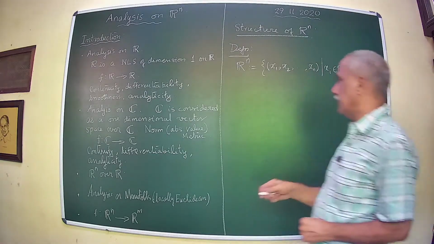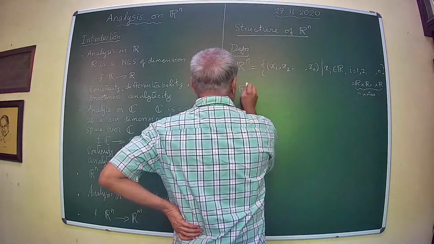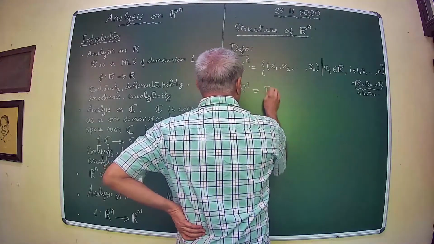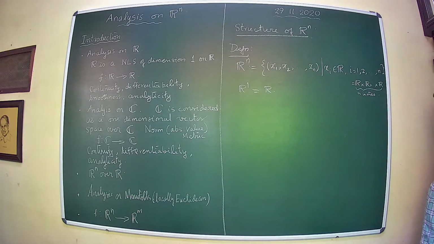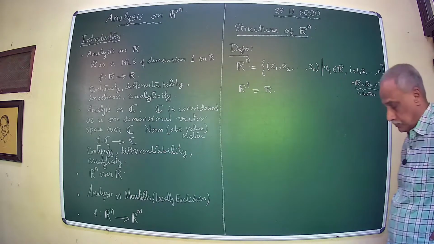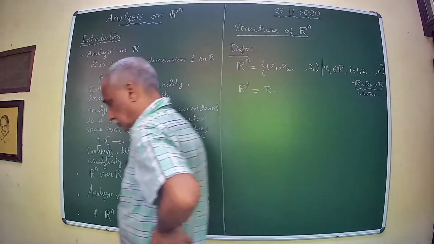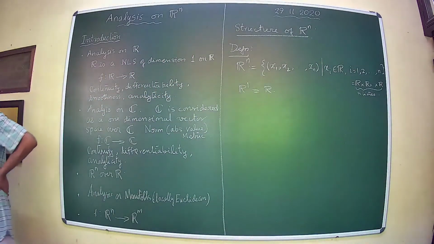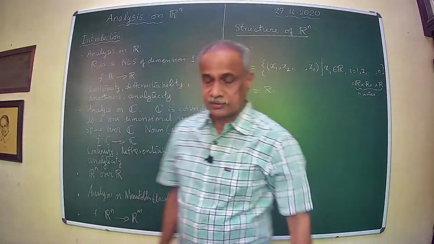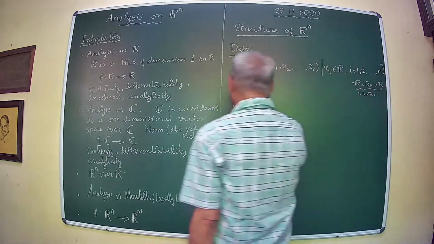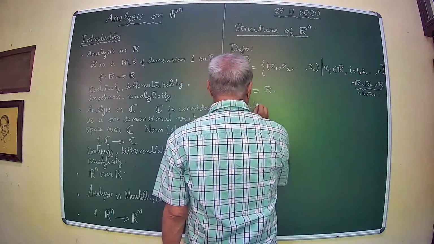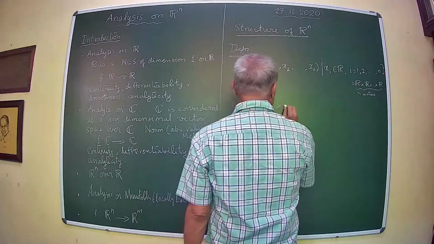So with this notation, R1 is R. Now on this set we introduce two operations, what are called vector space operations, namely addition and scalar multiplication.